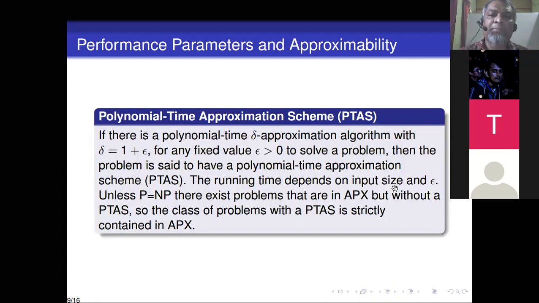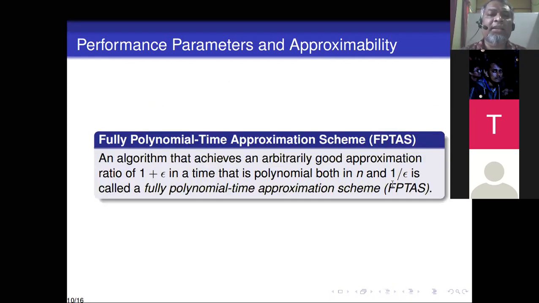Here, for PTAS, it is mentioned that the running time depends on input size and epsilon, but how it depends is not mentioned. And here, it is mentioned that the running time is polynomial in both n and 1 by epsilon. So this is the difference.